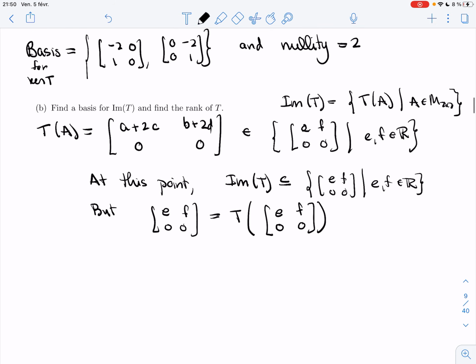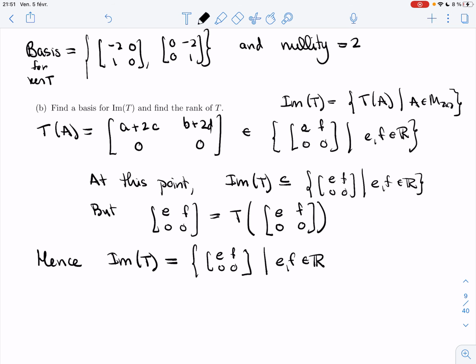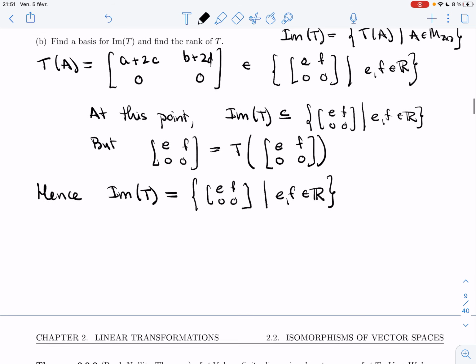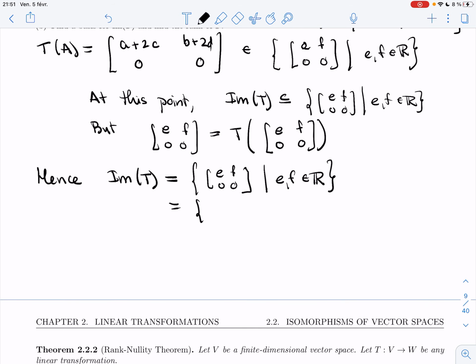And so what we get is that the image of T is this set right there. But I could also write this as e times [1, 0; 0, 0] plus f times [0, 1; 0, 0].